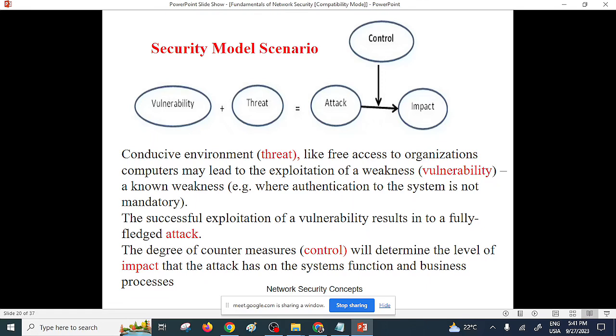You have done your part, but the attack has happened. So you can always have some control measures to eliminate or rather to reduce the spread of this particular attack, right? So what we say is that you reduce the impact. Let's say if you have divided your networks into different maybe network addresses, if one particular router has been attacked, you can remove it from the network so that this one doesn't escalate to the other networks.